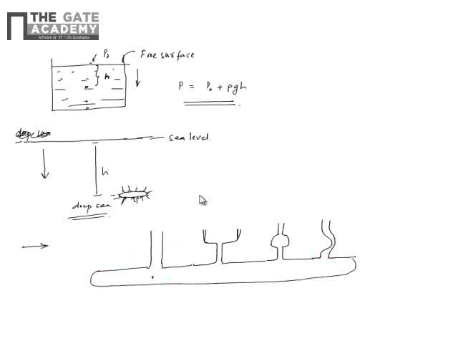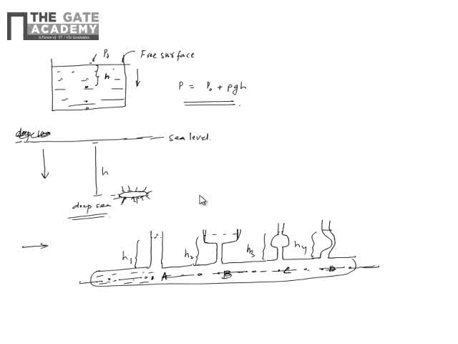Just below all these, I have points A, B, C, D on the same axis. This is all filled with fluid. Say this is H1, this is H2 and this is H3. So what is the relation between H1, H2, H3?